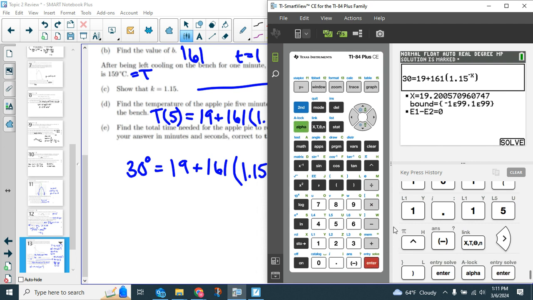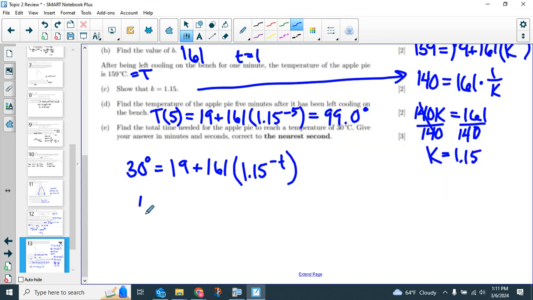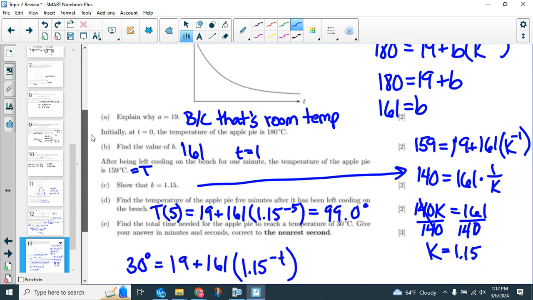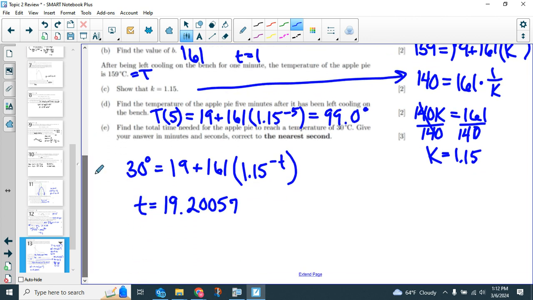All right, so we get 19.20057. So I know that it's 19 minutes, right? I think I actually put a wrong thing up here at some point. Nope, no, I didn't. So I know it's 19 minutes.